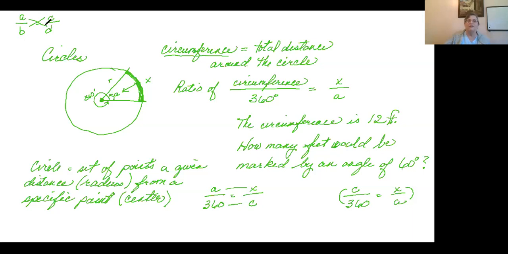So if A over B, which just represents any fraction, is equal to a second fraction, C over D, then A times D is going to equal B times C. And if you look at these two fractions, this cross product is going to give us A times C equals 360 times X. This one is going to give us A times C equals 360 times X. So either one works fine.